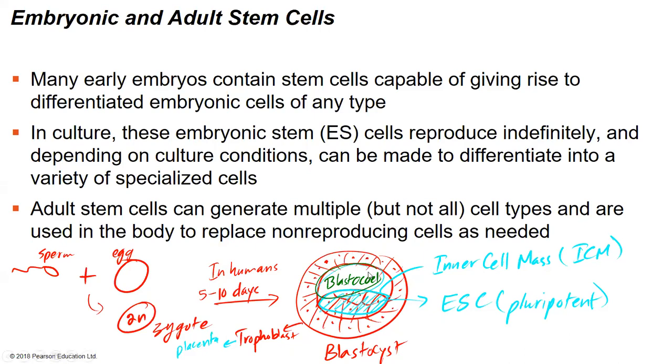Adult stem cells also can be obtained. They are undifferentiated like embryonic stem cells, and they are found throughout the body. So they are found in different organs, or in different tissues. And typically they are found in tissues and in organs because they are used to replace damaged cells in tissues, for example.